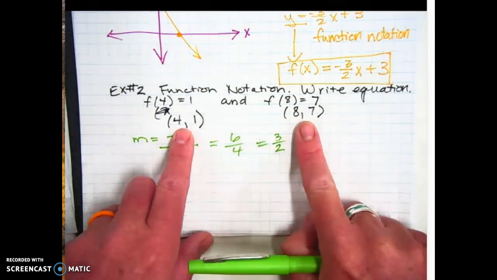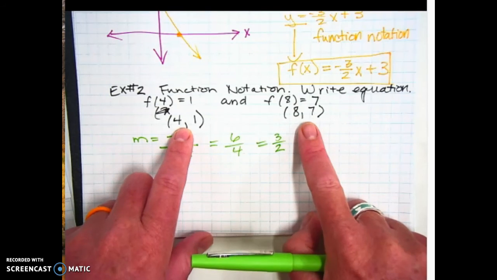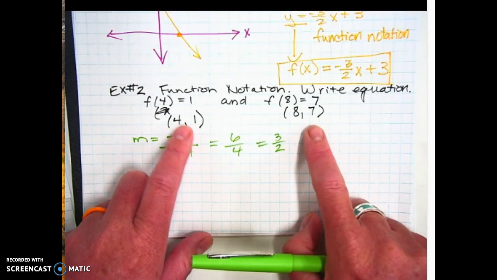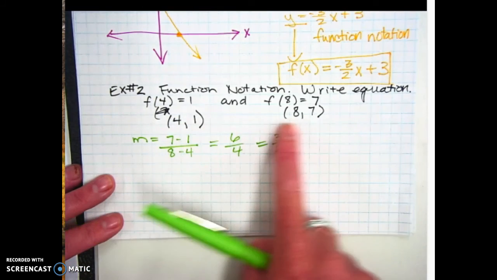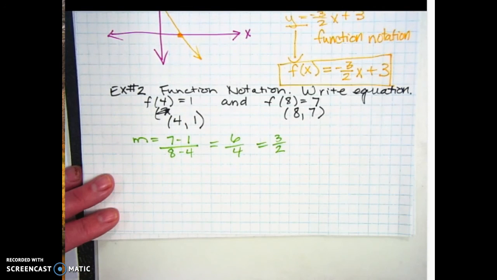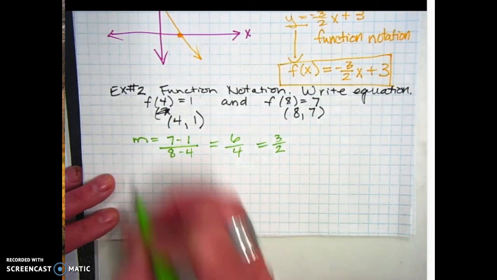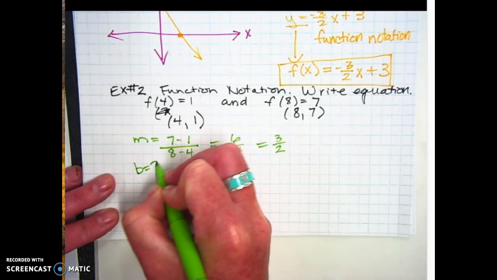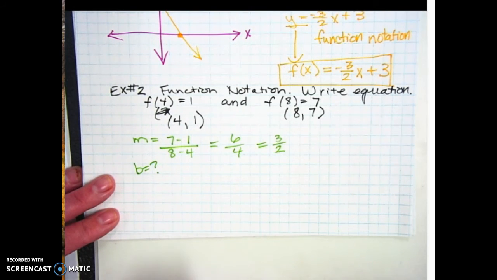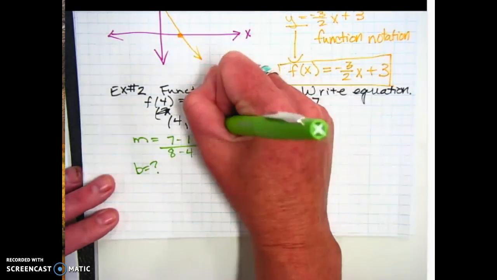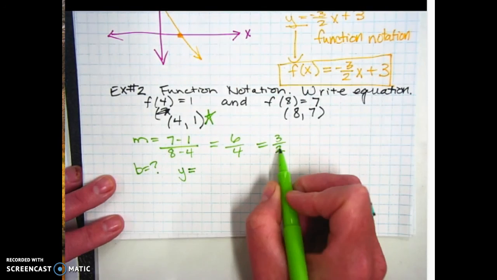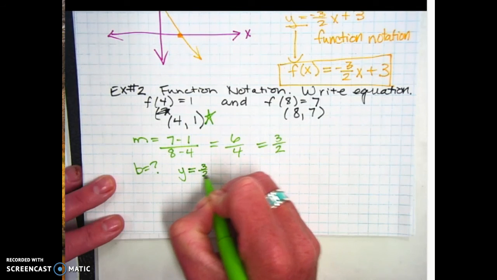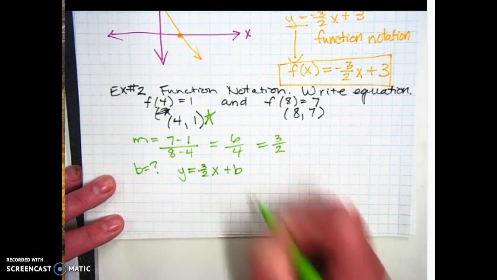Are either of these 2 points our y-intercept? They would be if it was 0 and some number, but it's not. So we need to pick one of these points and figure out what is the new b. Okay? So which point do we want to pick? Let's pick the first one. So we're going to say y equals m, which is 3 halves x plus b.